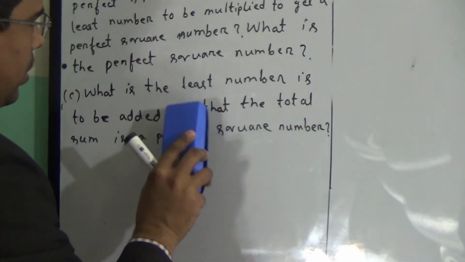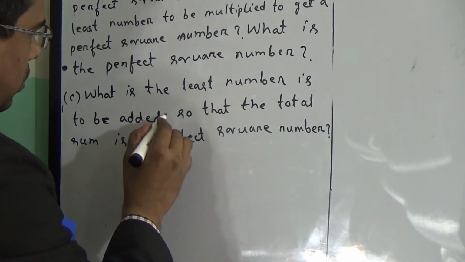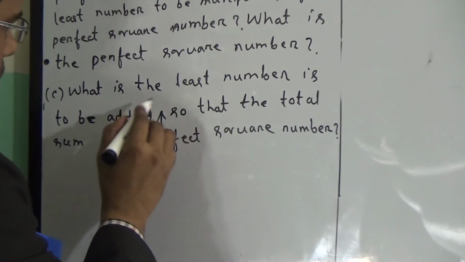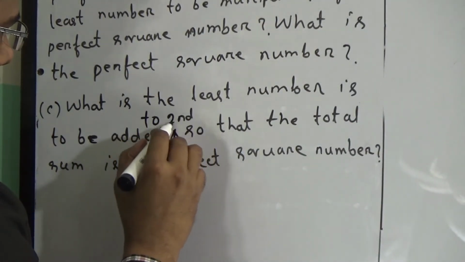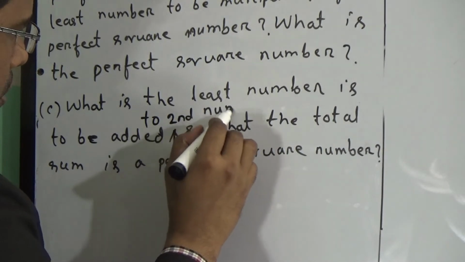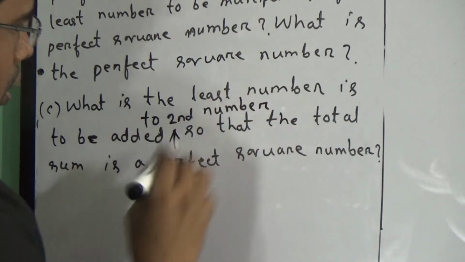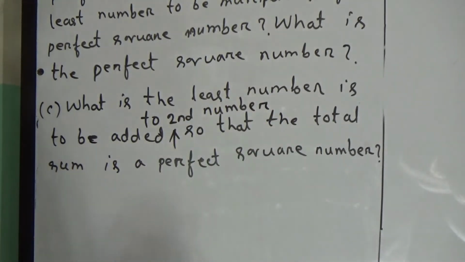Here in the question we have to take a correction. What is the least number to be added to second number so that the total sum is a perfect square number?